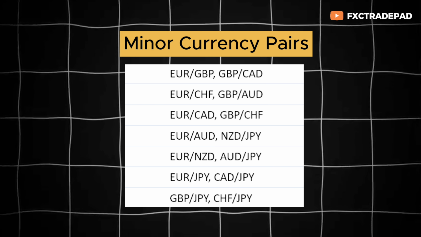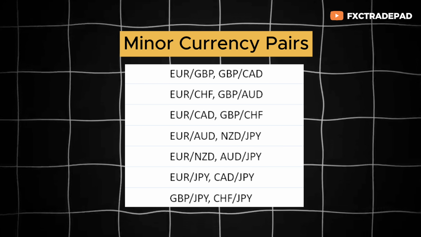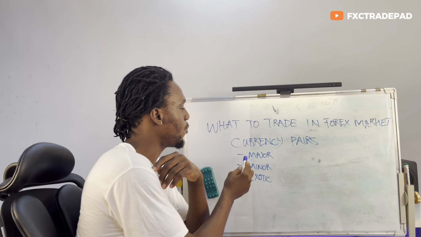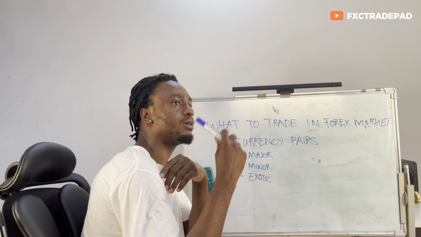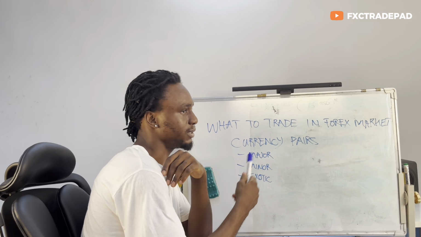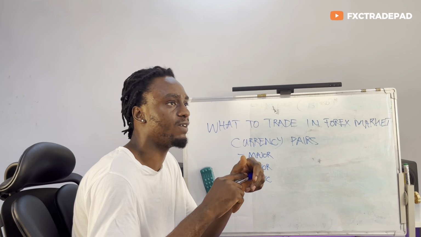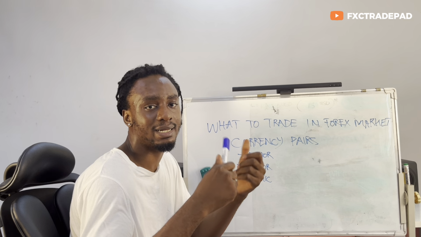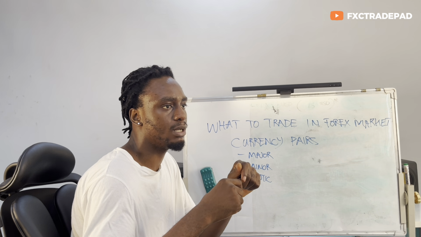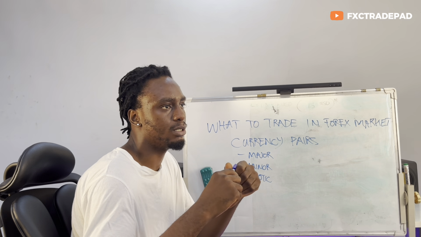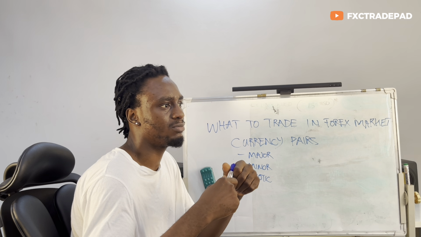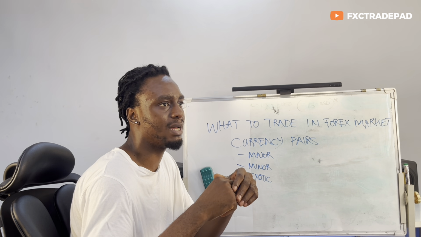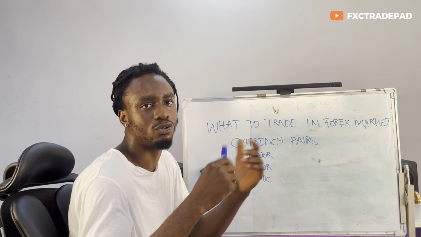All right, and then when we now talk about exotic, it is one of the major currencies recognized all over the world matched with one that is not recognized all over the world. So for an example, let's say dollar Ghana cedis, dollar naira, dollar Kuwait money, all these currencies that are not known all over the world.